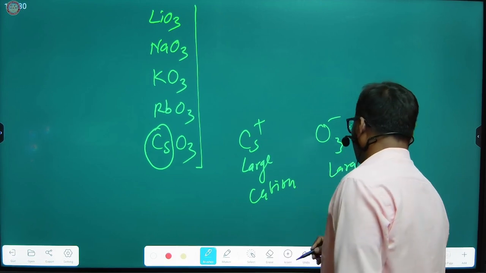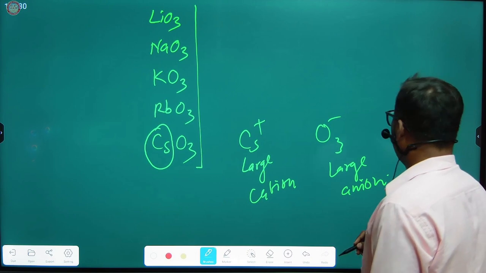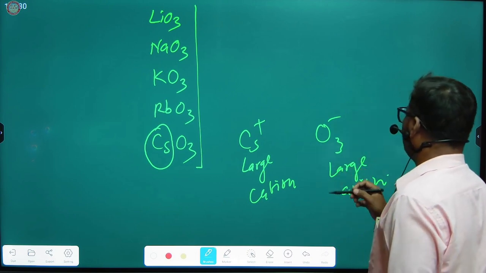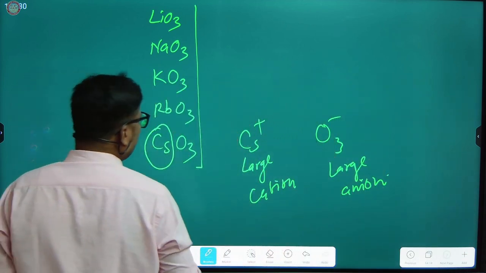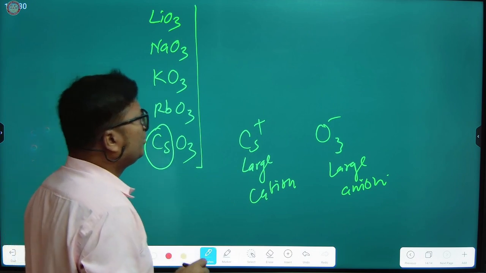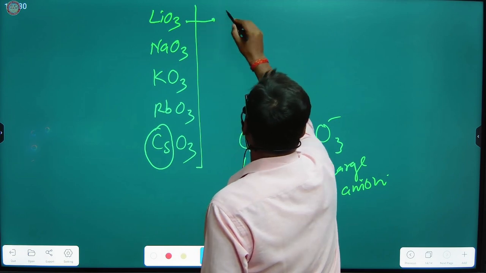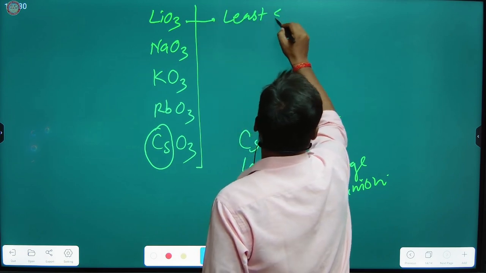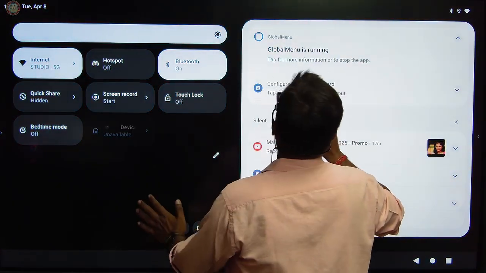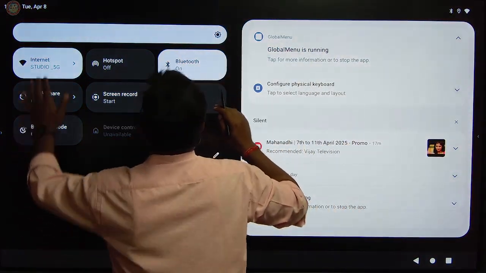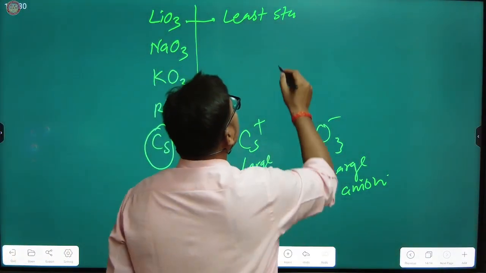As per Fajan's rule, a larger cation will stabilize or accommodate larger anions. So the most stable ozonide is cesium ozonide, while lithium ozonide is least stable.